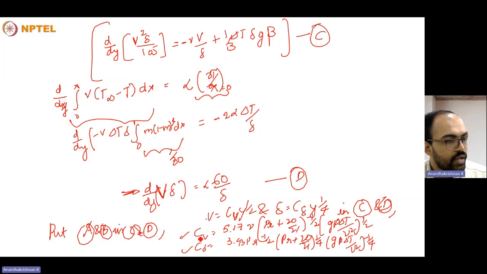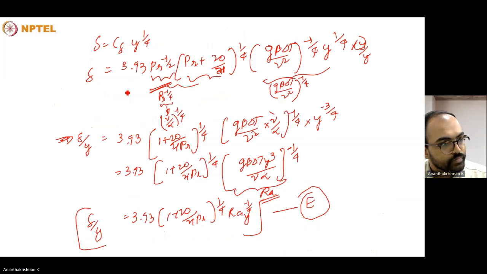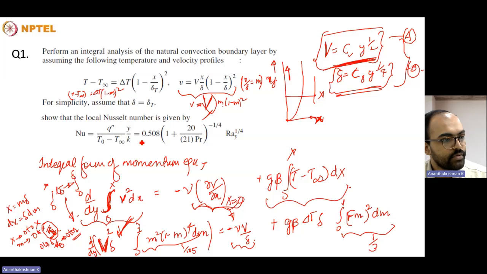Then we can find the constants C_V and C_delta, and therefore from that we get the value of delta. It's just substituting the constants back, and once we get delta, we do some manipulations to put it in the form of the Rayleigh number, and then the Nusselt number equation is given.